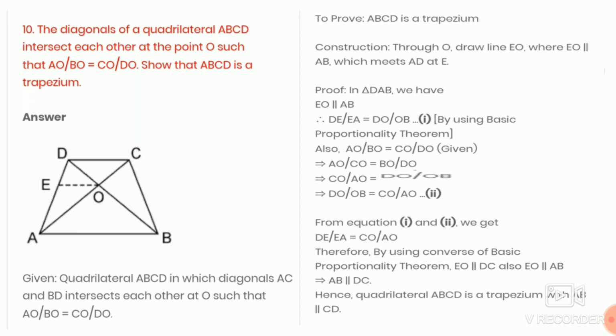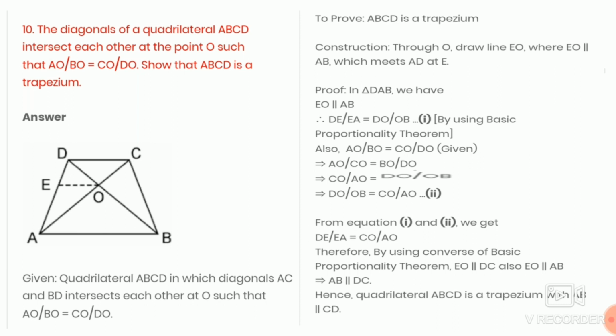In the previous question, they informed us that we have a trapezium and from there we had to prove the ratio. But here the ratio is given and we have to prove it to be a trapezium. So, what is a trapezium? A trapezium is a quadrilateral whose one pair of opposite sides is parallel to each other.